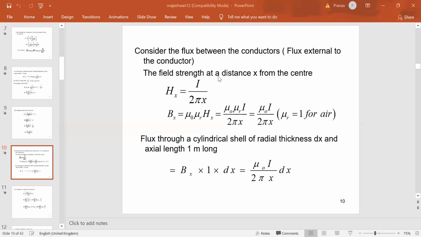So the field strength at a distance x from the center, Hx, is equal to I by 2 pi x, where Bx is equal to mu naught mu r Hx, that is, mu naught mu r I by 2 pi x, where mu r is equal to 1 for air.